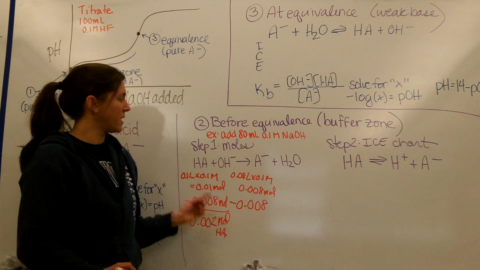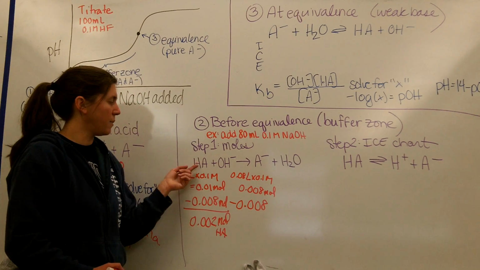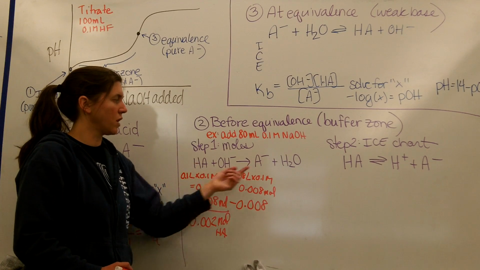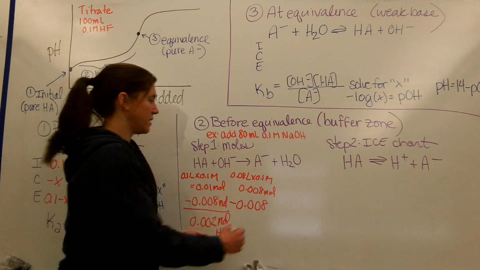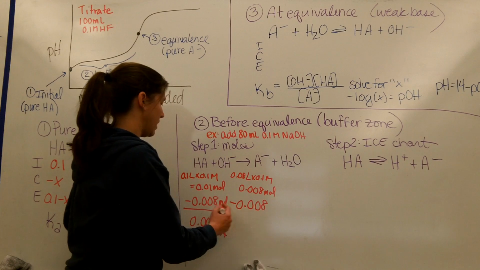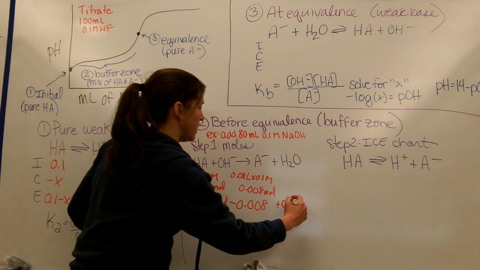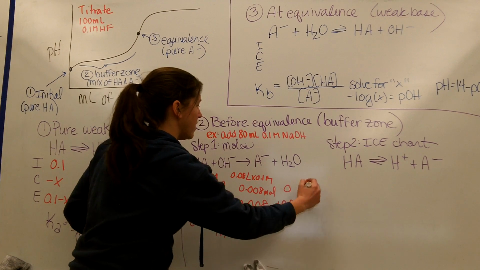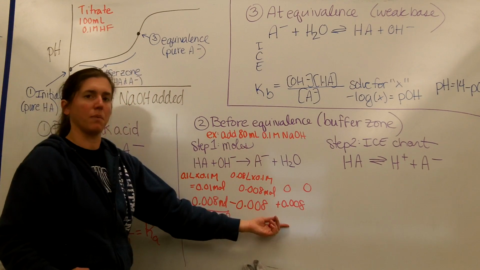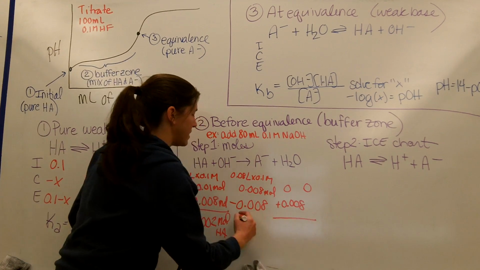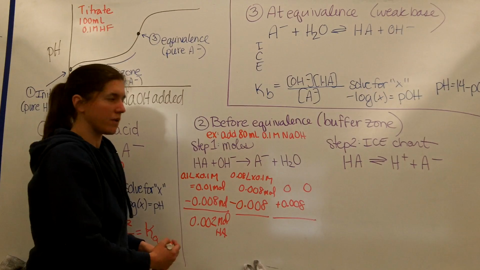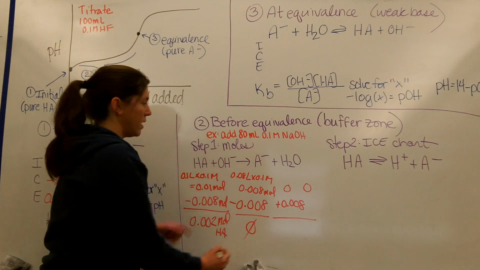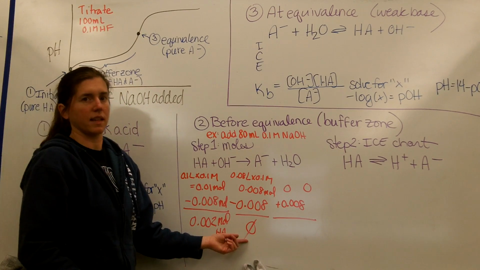It's also important to realize that for every HA that gets used up, each HA will turn into an A-. So if this is our change column, my amount of A- will go up by 0.008. So after this reaction is over, I will have no hydroxide left unreacted. That gets used up.